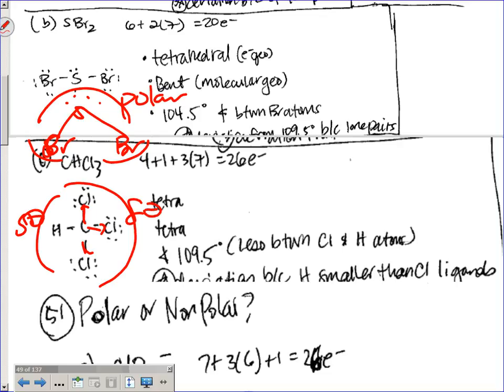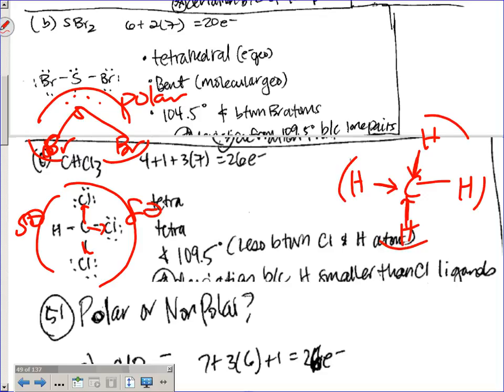No. If I have all the same ligands, it's nonpolar, because there's no area where there's an unequal distribution of charge. Across the board on that tetrahedron, these are dipole moments that point towards the carbon, because carbon's more electronegative than hydrogen.